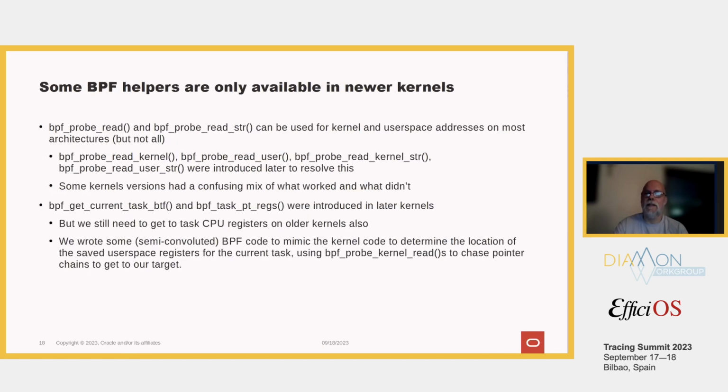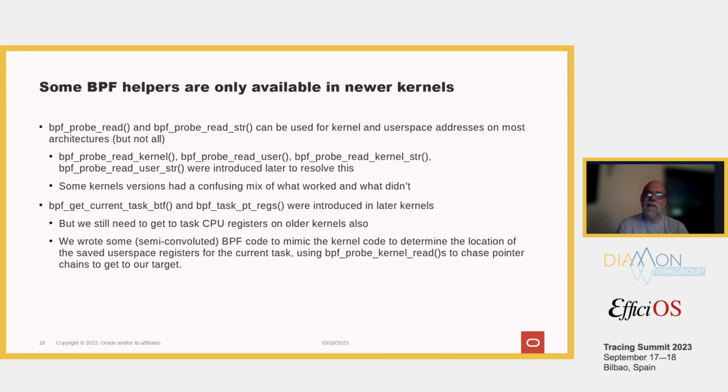So in terms of the BPF helpers, I'm just calling out two cases, but there've been a couple of others, but it's an example. So BPF probe read and probe read string seemed to be a great thing for us very early on.